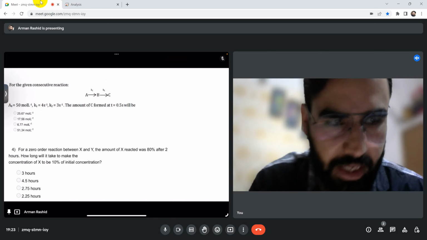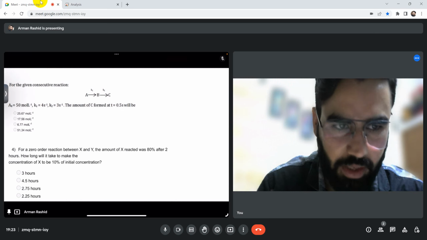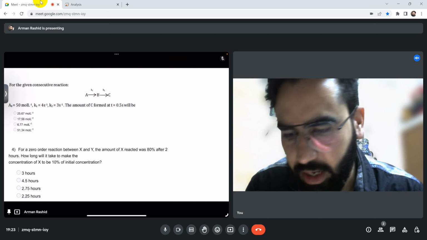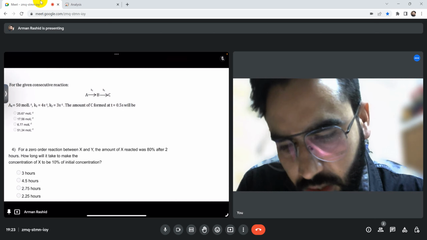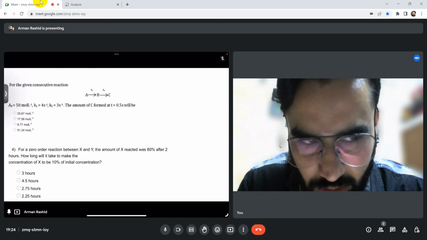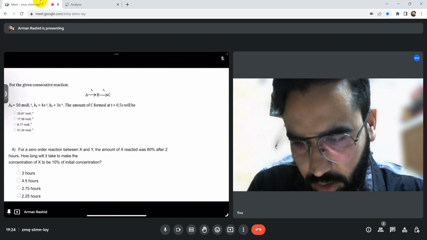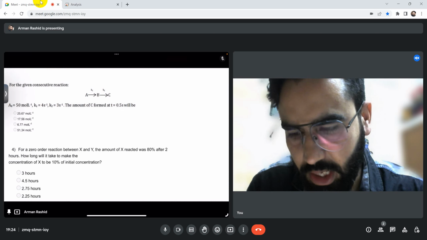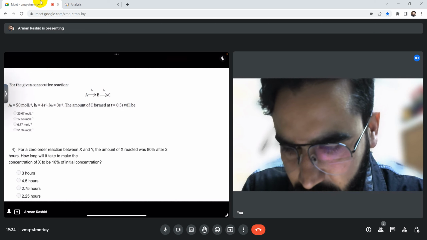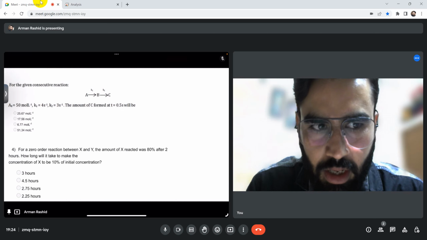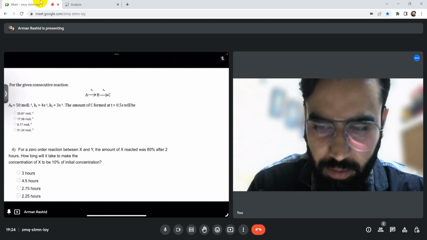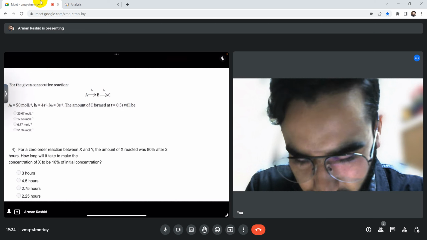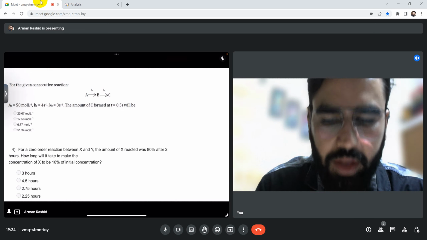So it is like A is getting converted into B and B is getting converted into C. For A to get converted into B, the rate constant is given by K1, and from B to C it is given by K2. A0, the initial concentration once the reaction started, was 50 mole per liter. K1 is 4 per second, since it's a first order reaction. K2 is 3 per second. We have to find the amount of C that is formed at 0.5 seconds.